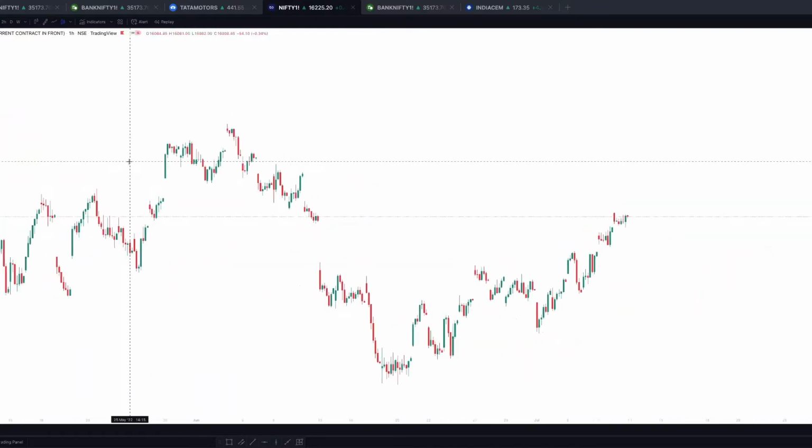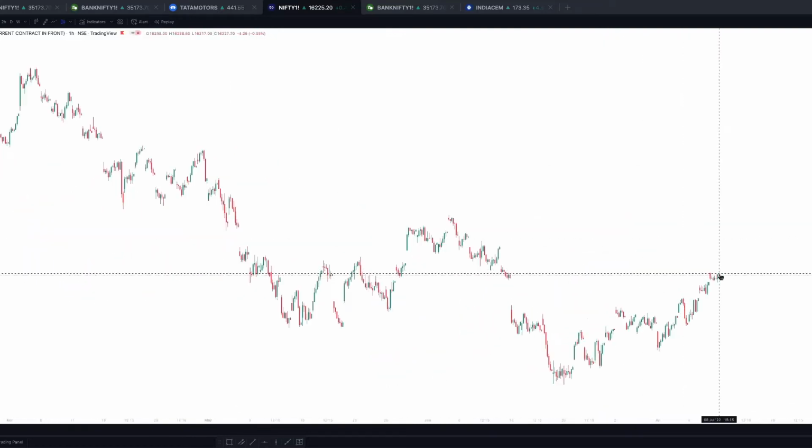So this is a 1 hour chart of Nifty. I have not changed anything. I have removed everything, drawings and indicators, so it is just a blank chart. First of all, you need to find today's point over here. Then you need to identify the nearest high point. That will be over this point, so just draw a horizontal line.